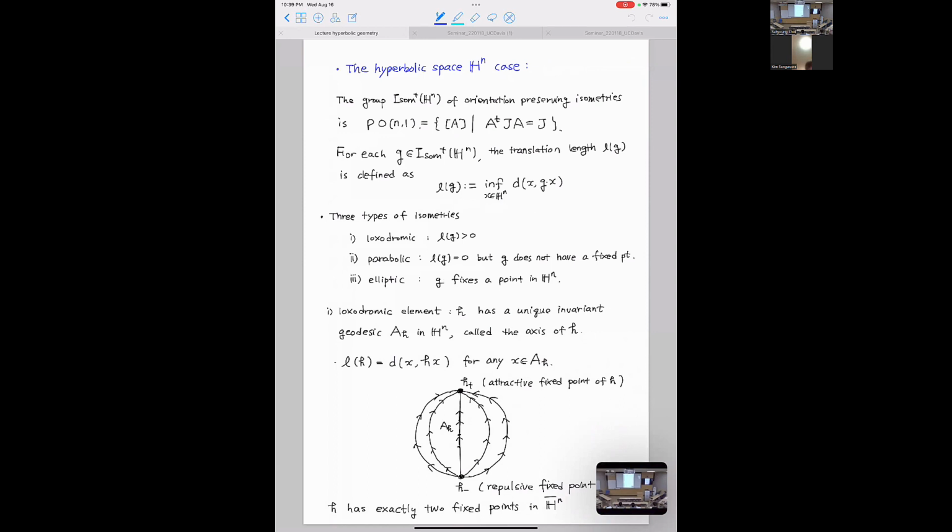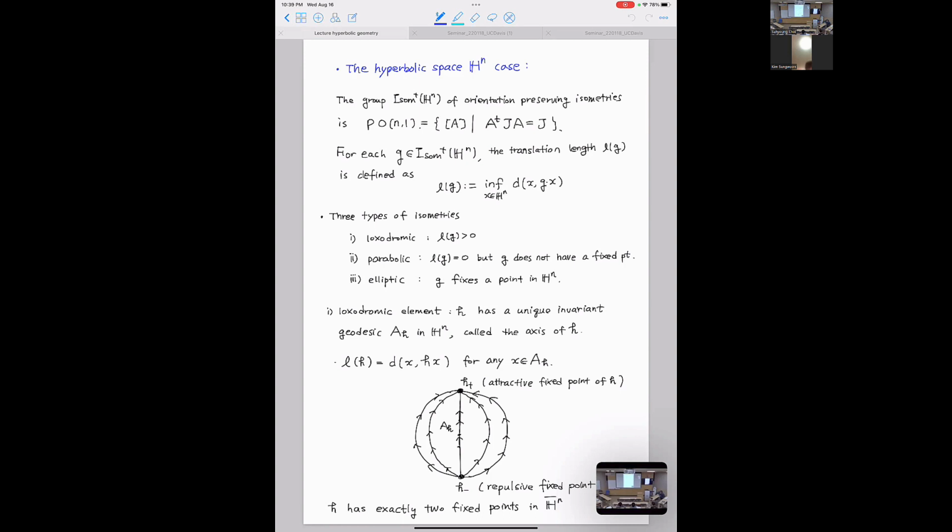Okay, let's see the hyperbolic space case in more detail. The group of orientation preserving isometries of hyperbolic space is PO(n,1), so A preserves the J matrix.